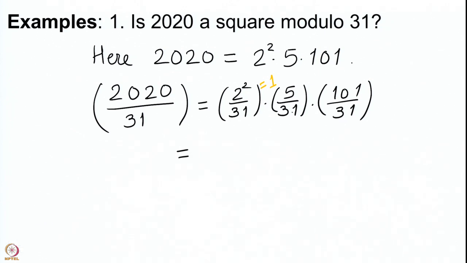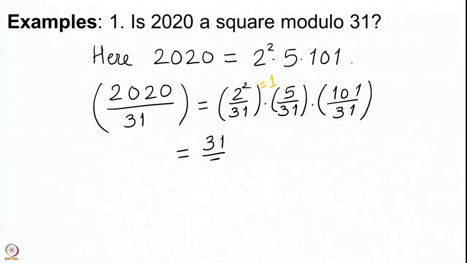Therefore, we can ignore this and do the remaining computation. Here 5 by 31, 5 and 31 are both primes now, but 5 is congruent to 1 modulo 4. So, we can switch their order without having to change the sign. So, we get the Legendre symbol 31 by 5 into 101 modulo 31. Now, we go modulo 31.